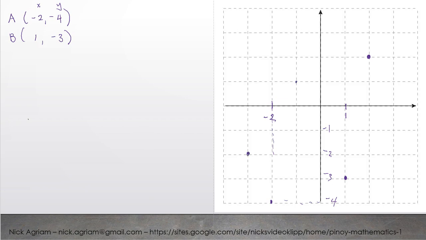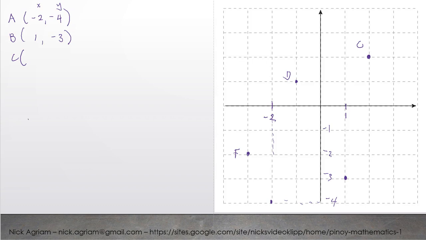How about if I give you that point, this point, and that point? I will call them C, D, and E. For C, we read first the x-axis. Our x is 2, and our y is also 2. Then we have (2, 2).